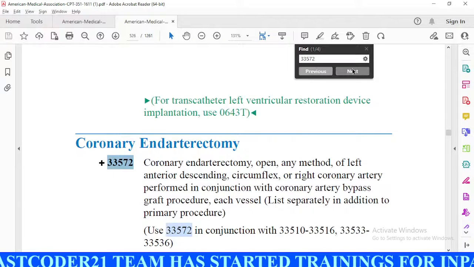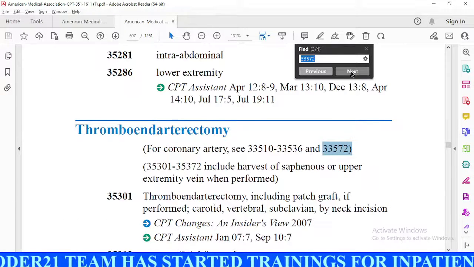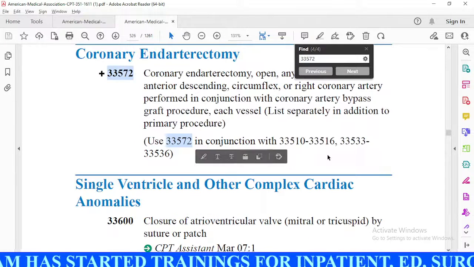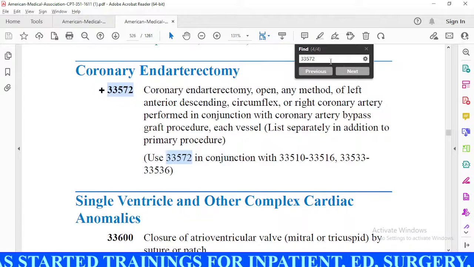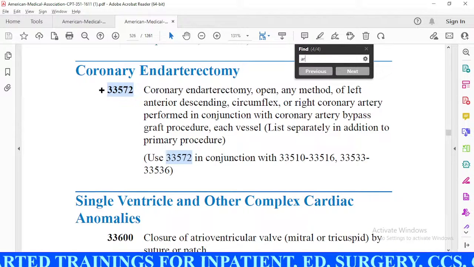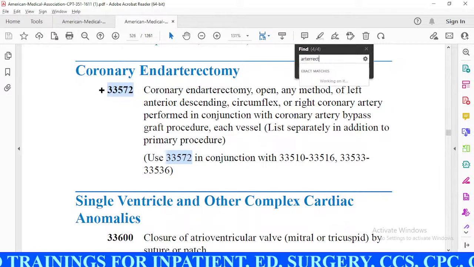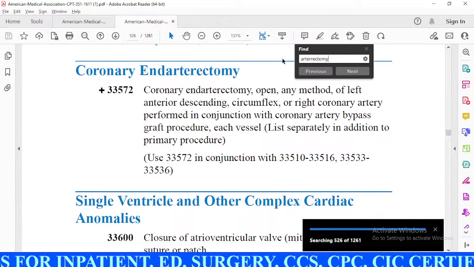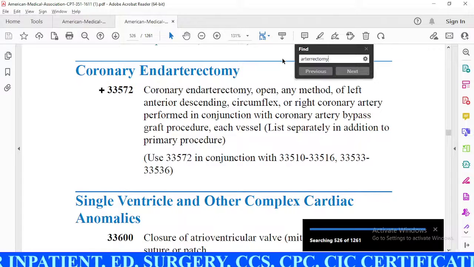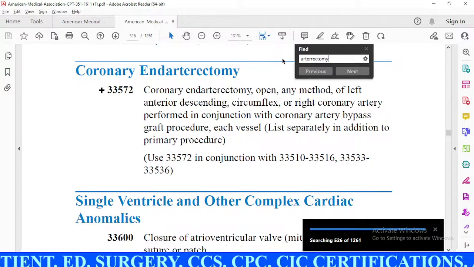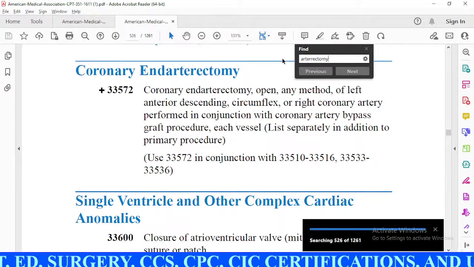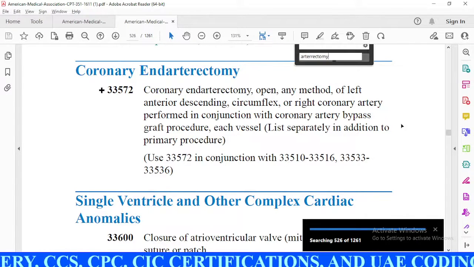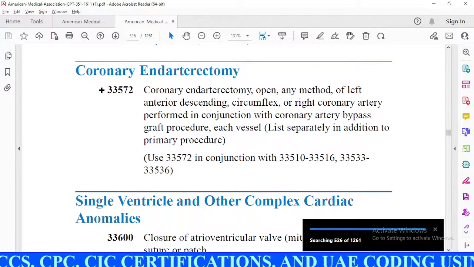If you check the chapter guidelines, if the physician has performed fistula repair and endarterectomy, we need to code only the fistula repair, no need to code the endarterectomy.